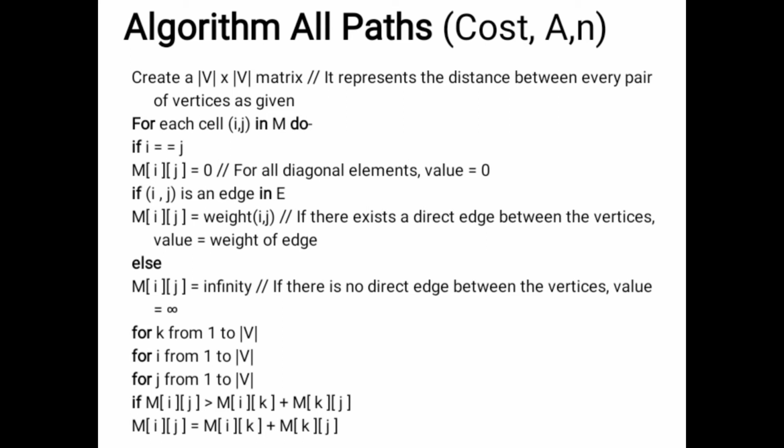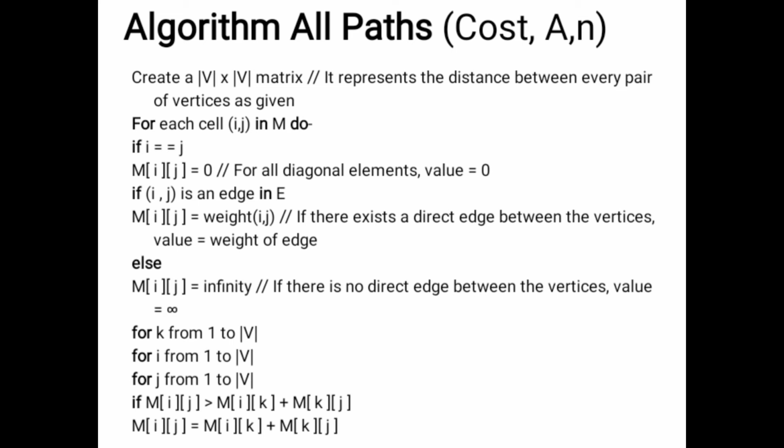So here, create a V cross V matrix. It represents the distance between every pair of vertices as given. For each cell ij in M, if i is equal to j, M[i][j] is equal to 0. For all diagonal elements the value is equal to 0. That is, we are going to put the actual cost associated with the edge in the matrix.